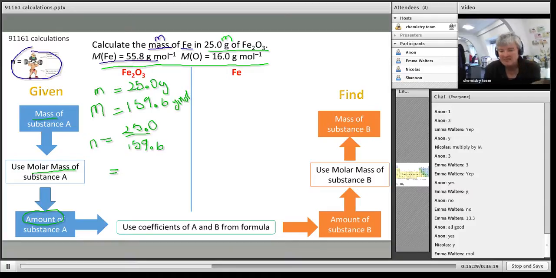Now, because we're in the middle of a calculation, write your answer to 3 significant figures, but keep all the figures in your calculator. So if I take my 25 and I divide it by 159.6, I get 0.1566416 and so on all the way through. So don't bother writing all those numbers.